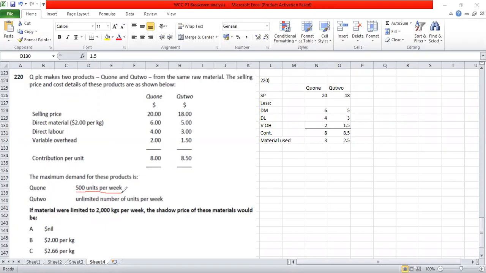So Q1 will be able to provide additional contribution per unit, which has to be calculated. But Q2 will be doing that on an unlimited number of units. So first let's find out the contribution per kg of raw material.